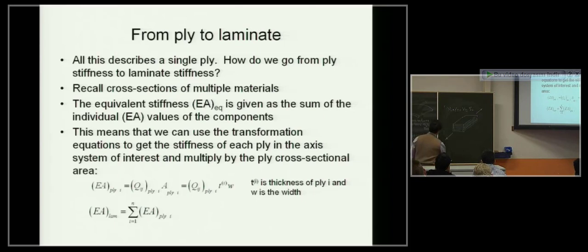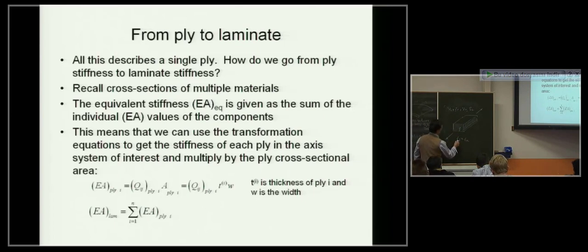So if I number these 1, 2, 3, and so on, the strain in the ith layer is the same as the constant strain for any of them. So epsilon A for applied strain.